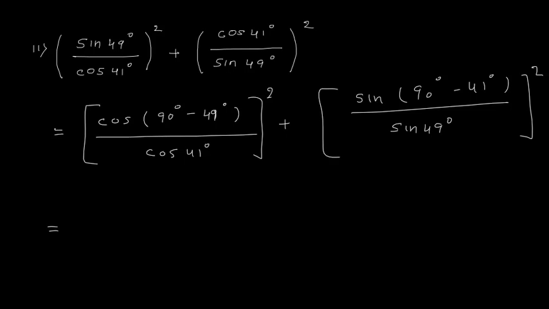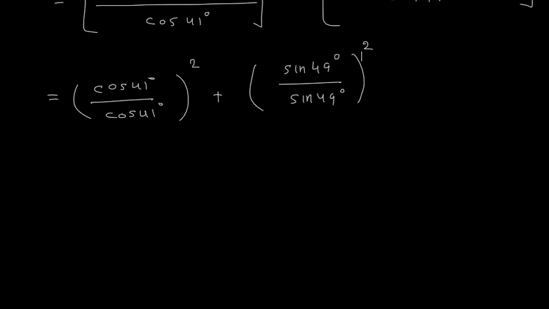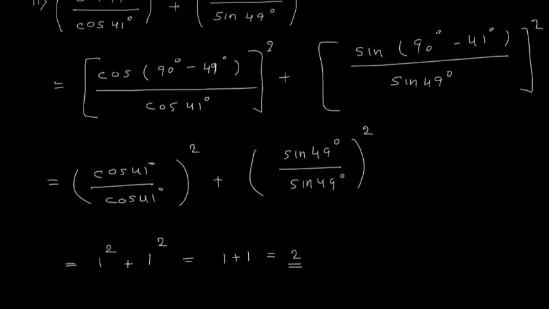So this will become cos 41 upon this is also cos 41 degree the whole square, plus sin 49 degree upon sin 49 degree the whole square. Now cos 41 upon cos 41 is 1, so this is 1 square, plus sin 49 upon sin 49 is 1, so this is 1 square. 1 square plus 1 square is 1 plus 1, that is 2. So my result here is 2.